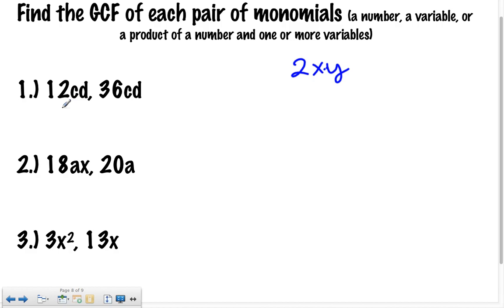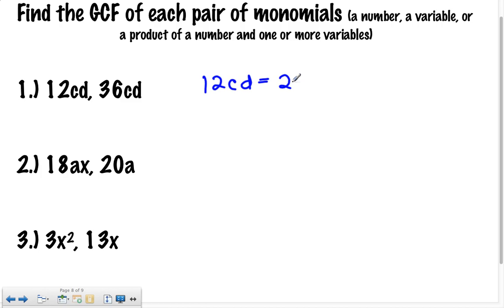So what we're going to do is actually factor each of these to find the greatest common factor between them. So the first way you're going to do it is you're going to write out 12CD and think about what multiplies to be 12CD. Well, to get 12, I know 2 times 6 multiplies to be 12, but you're going to have to find out what prime numbers multiply to be 12.